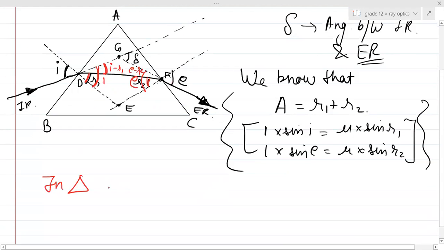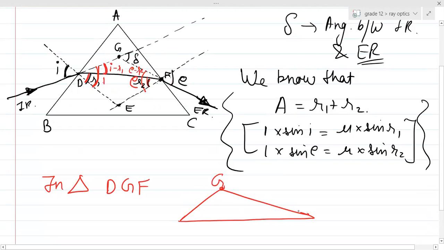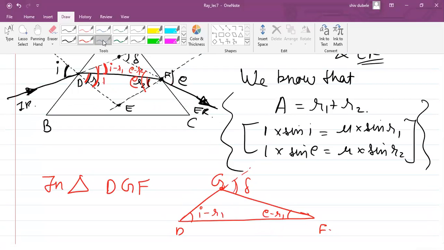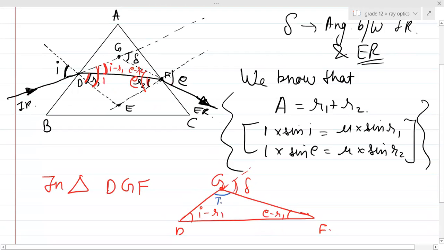In triangle BGF, this angle is basically the delta which we need to find out. This is basically I minus R1 and this is basically E minus R2. So can you see over here, if this is delta, then what will be this angle? Will this be pi minus delta?